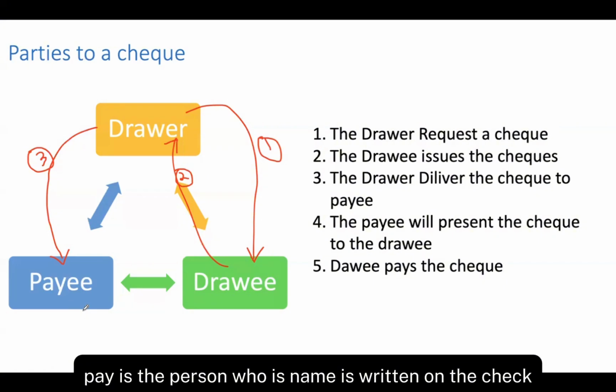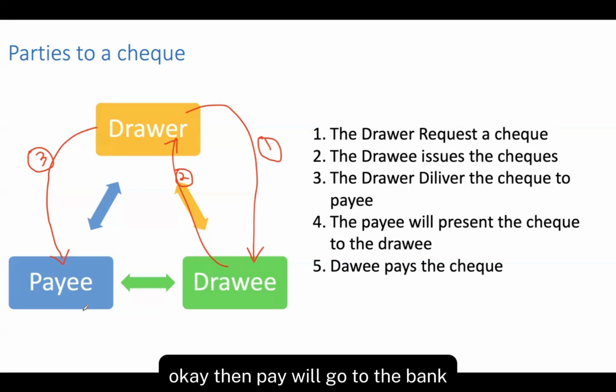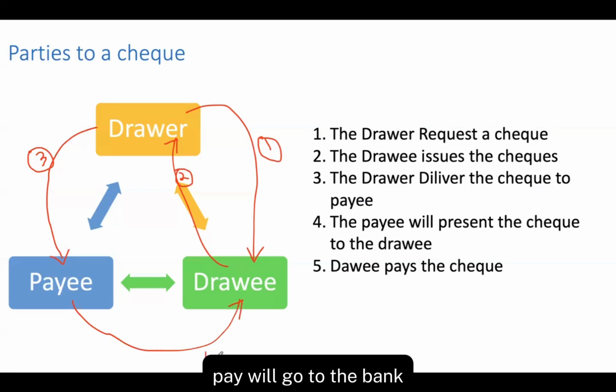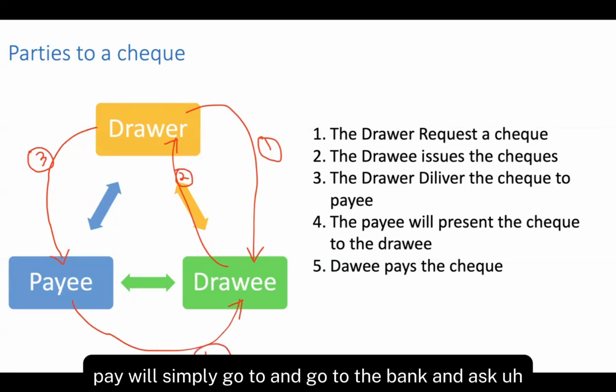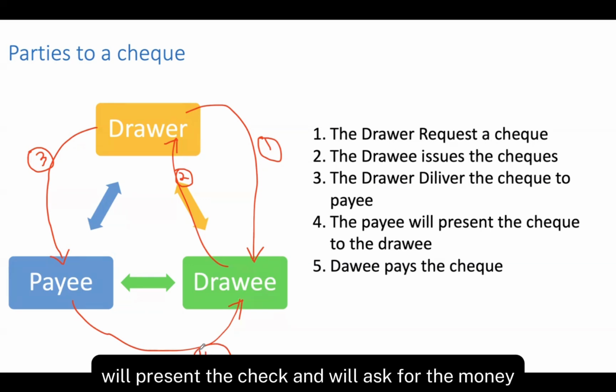The payee is the person whose name is written on the check or the person who is supposed to receive money. Then the payee will go to the bank and present the check and ask for the money.